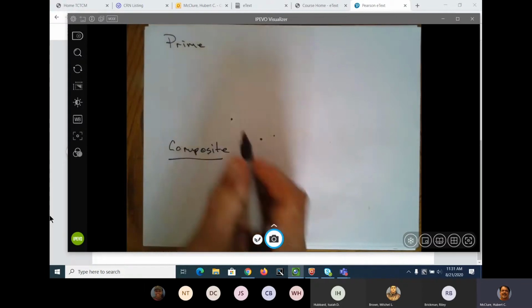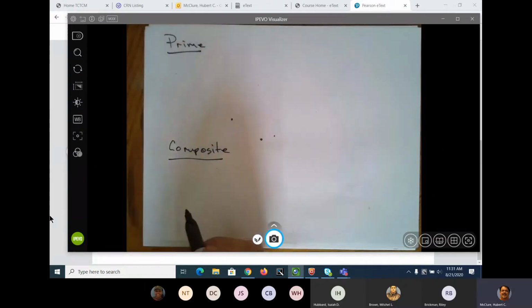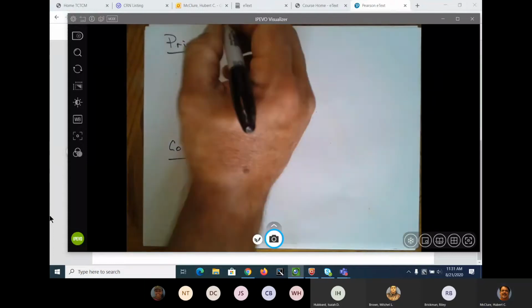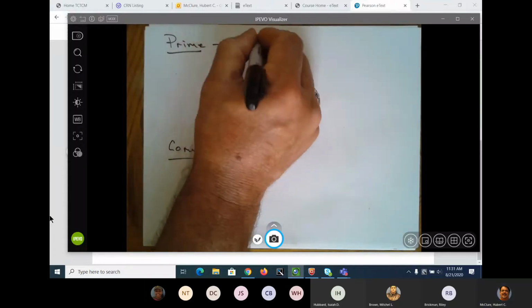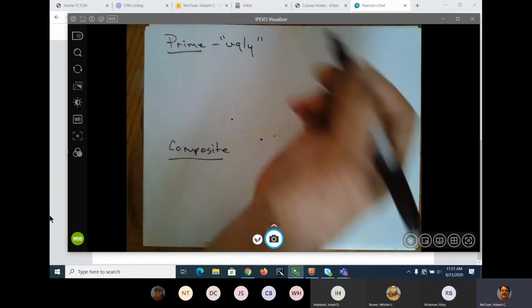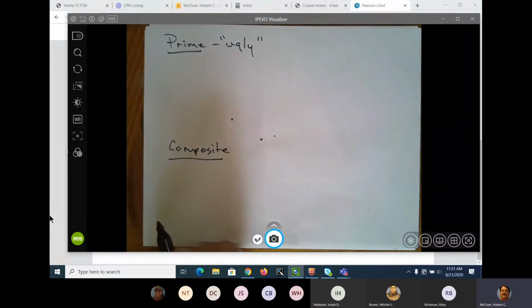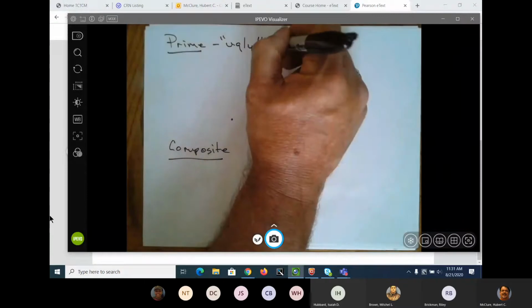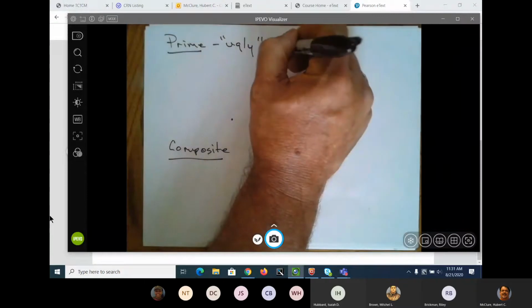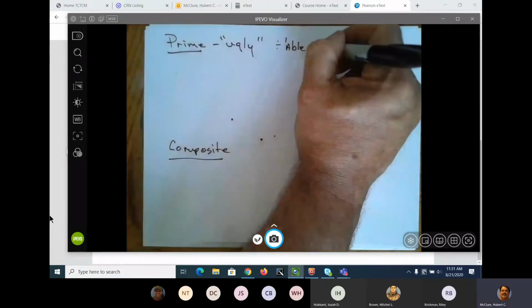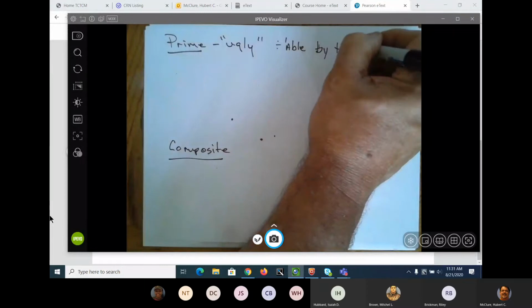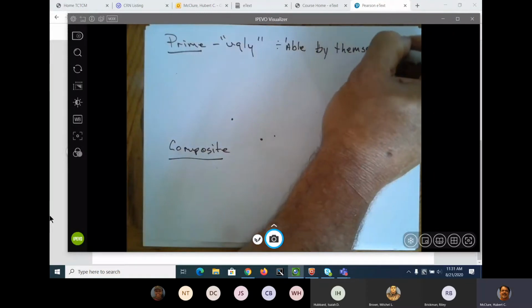Prime and composite. Now, I like to call the prime numbers the ugly numbers. Why do I call them the ugly numbers? Because nobody wants to have anything to do with them. Because they're only divisible by themselves and 1.